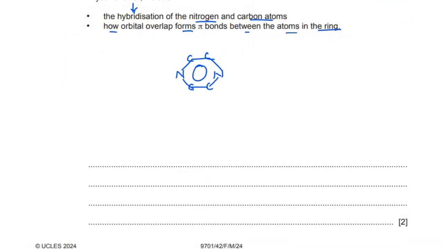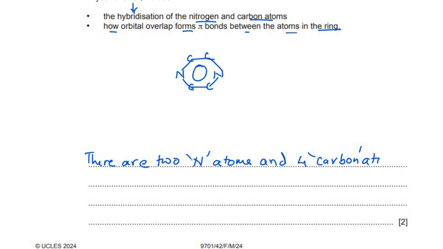So we can describe the bonding here: there are 2 nitrogen atoms and 4 carbon atoms forming a hexagonal ring. Just like benzene, it's forming a hexagonal ring with alternate double bonds, but we don't need to mention it here.